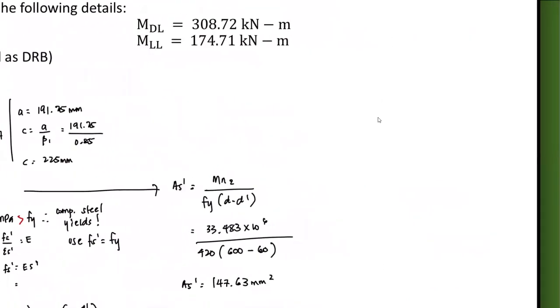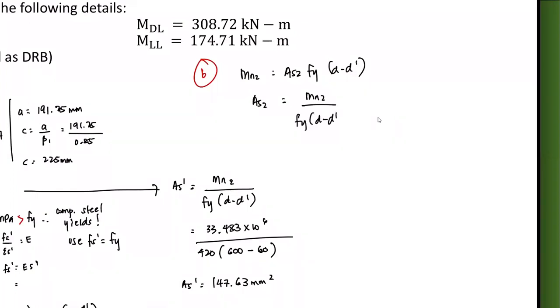And then, yung para sa tensile reinforcement natin ng second section natin, okay, so As2, from Mn2, that is As2 Fy d minus d prime. So, again, yung tension reinforcement natin, laging assume na nag-yield na yan. So, AS2 is equals to Mn2 over Fy d minus d prime.